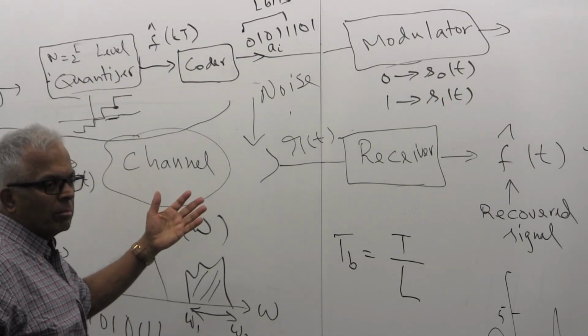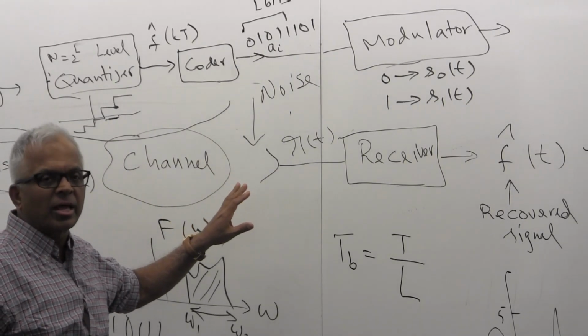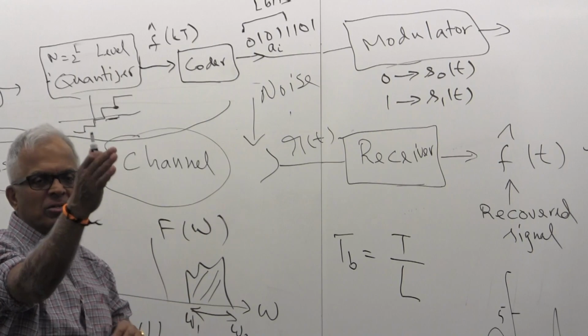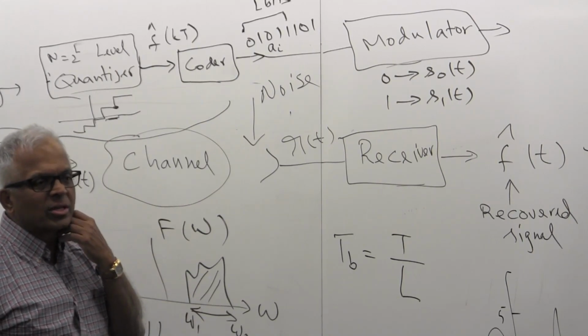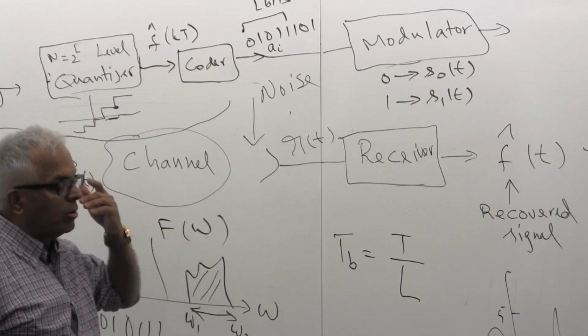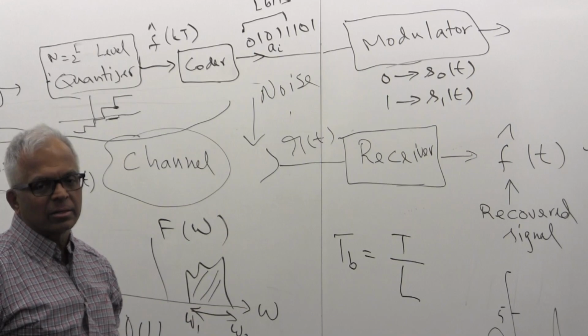The best the channel will do is do nothing to the signal. In free space, if you transmit something from the Hubble telescope, the signal comes more or less uninterrupted here, except for the ionosphere and so on. So an ideal channel does nothing to the signal.